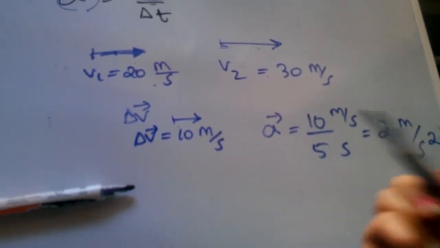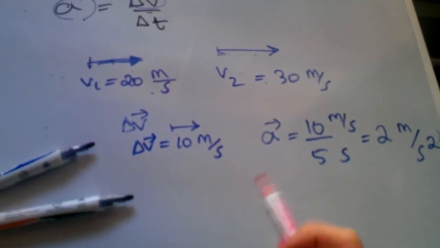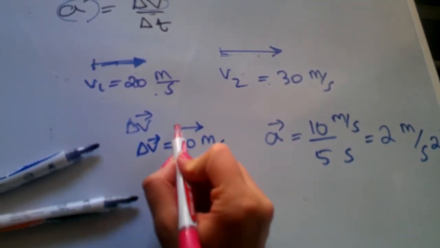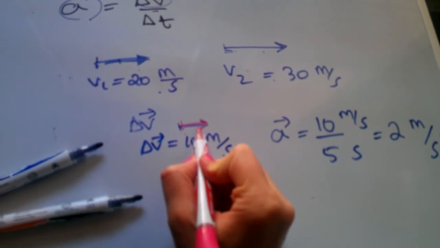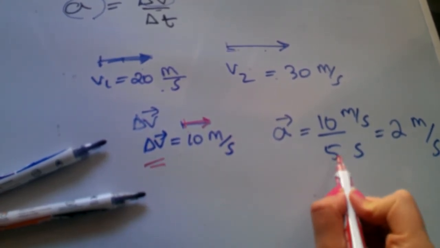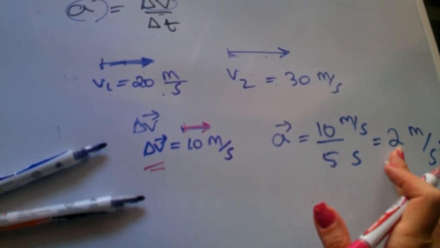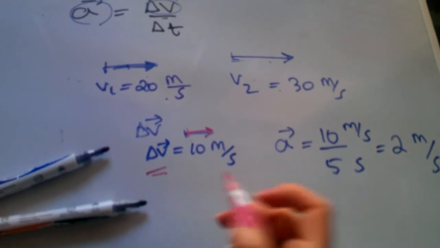So what I'm doing is dividing this 10 meters per second delta V into 5 sections, and every single one of them is 2, and that is basically my acceleration.